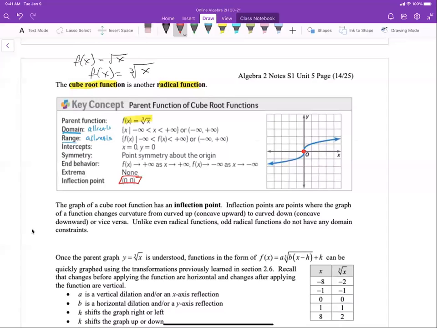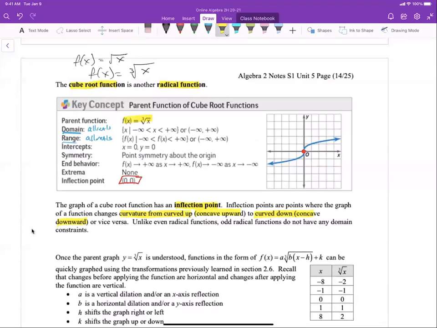So what is an inflection point? That's where the curvature changes. The graph of a cube root has an inflection point. Inflection points are where the graph of the function changes curvature from curved up, concave up, to curved down, concave down.